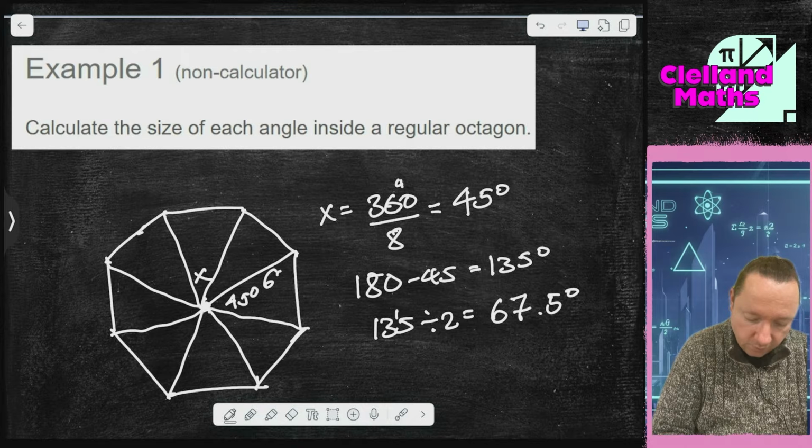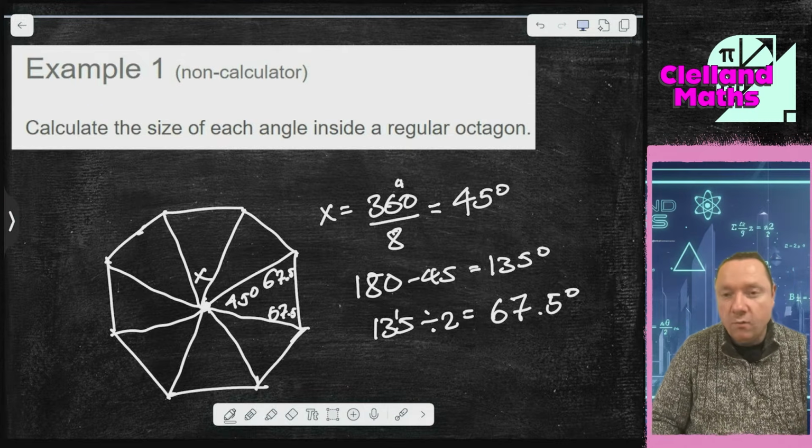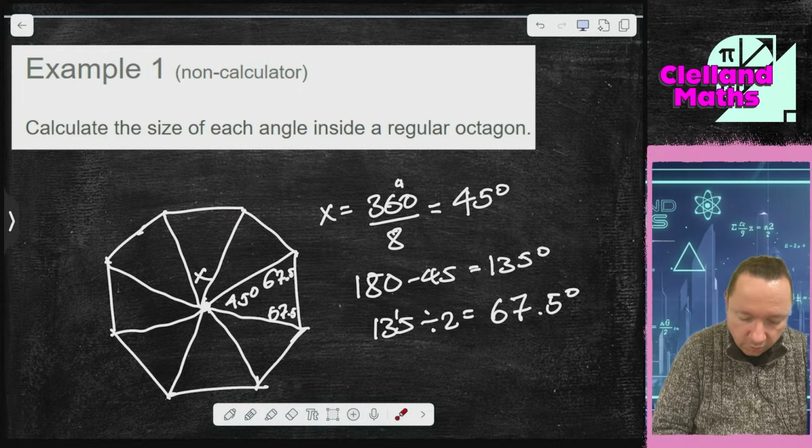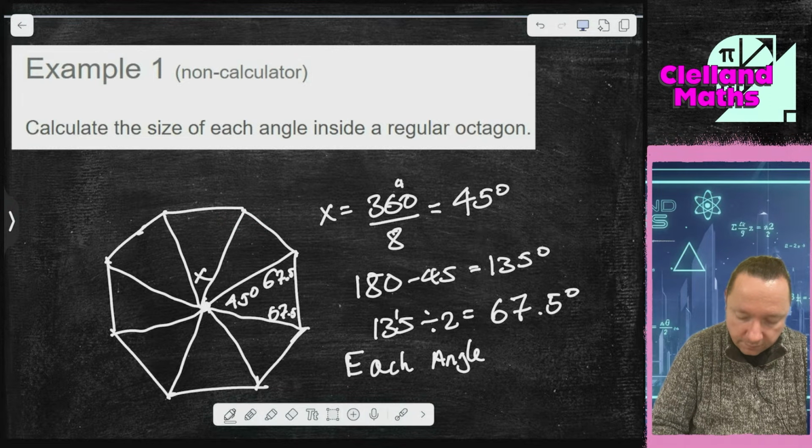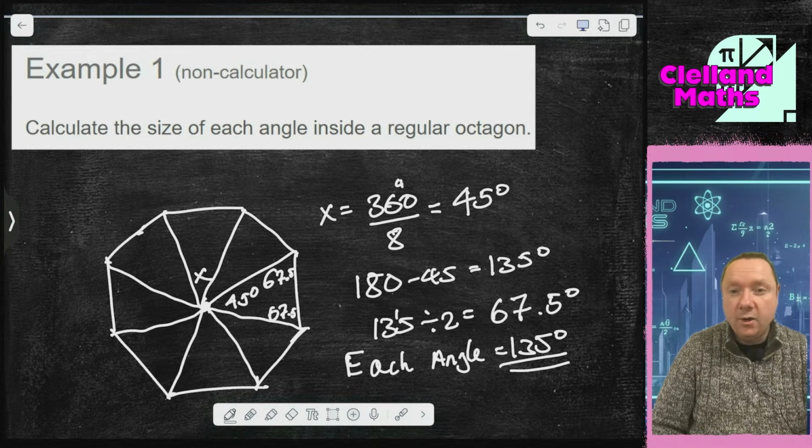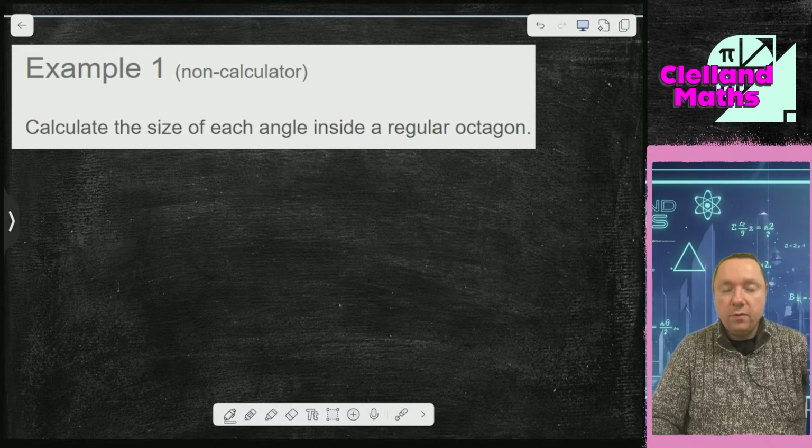So you get 67.5 on each of the ones on the outside. And since you want the angle of the actual octagon, an angle of an octagon is made up of 2 of them. So each angle is just 135, because there's 2 for each. So that's one way to do it. Now let me show you a different way.